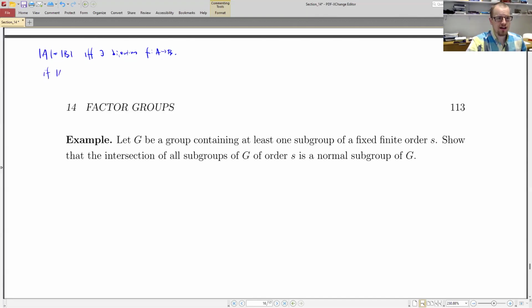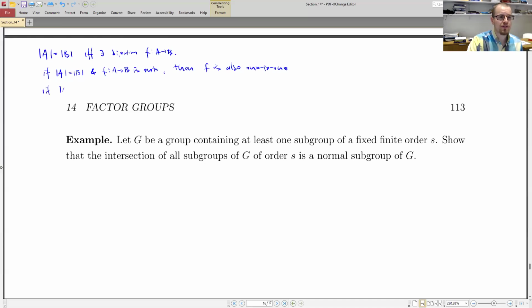So if I have that the sizes of two sets A and B are the same, and F from A to B is onto, then F is also 1 to 1. I get 1 to 1 for free. So if I know that the set sizes are the same and I can find a function that is onto from one to the other, then I know that that function is also 1 to 1.